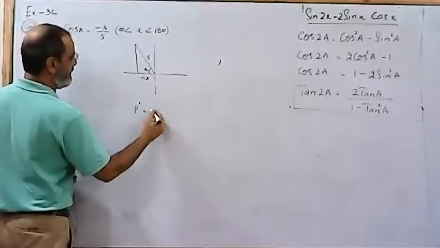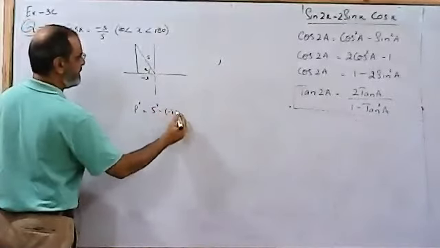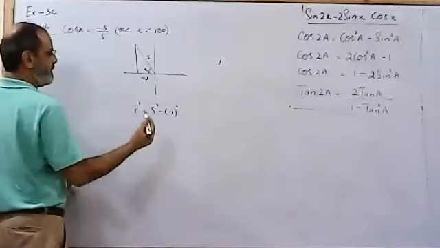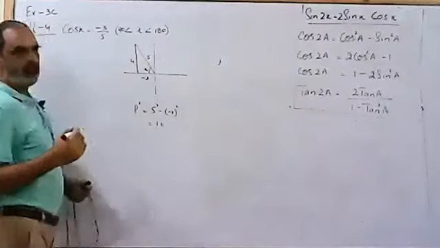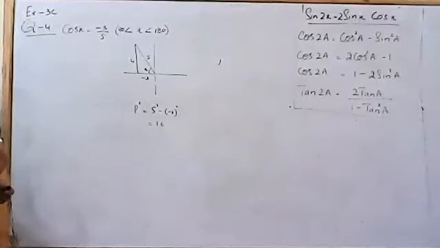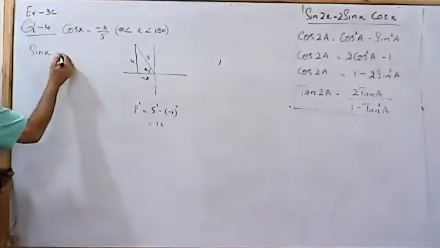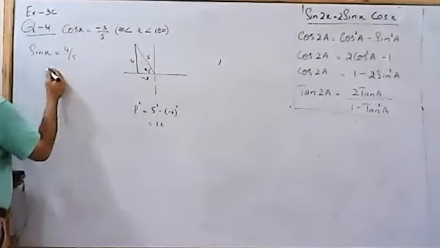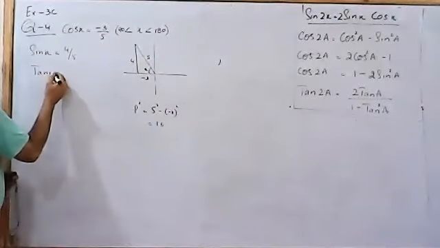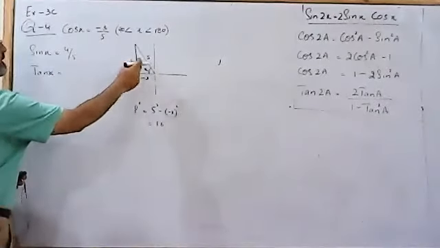P square would be 5 square minus minus 3 square. That will be 25 minus 9, so P is 4. So using these values, I can find sine x, perpendicular over hypotenuse, and tan x as perpendicular over base.